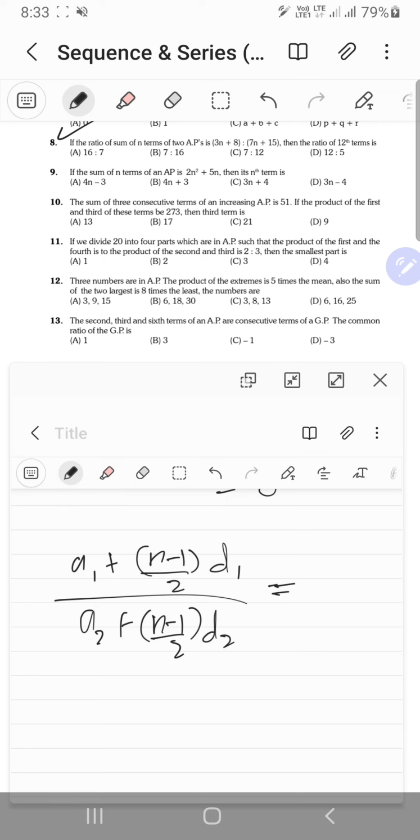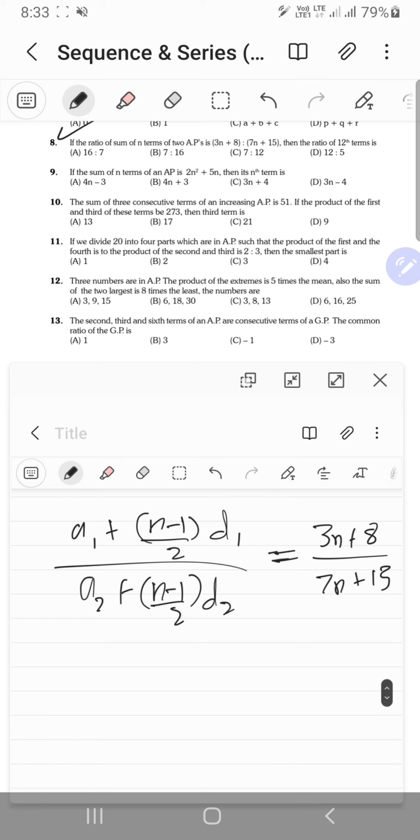This is the ratio of the sums of the two series, and this thing is 3n plus 8 upon 7n plus 15. And we want the ratio of 12th terms, that is just a1 plus 11 d1 upon a2 plus 11 d2.